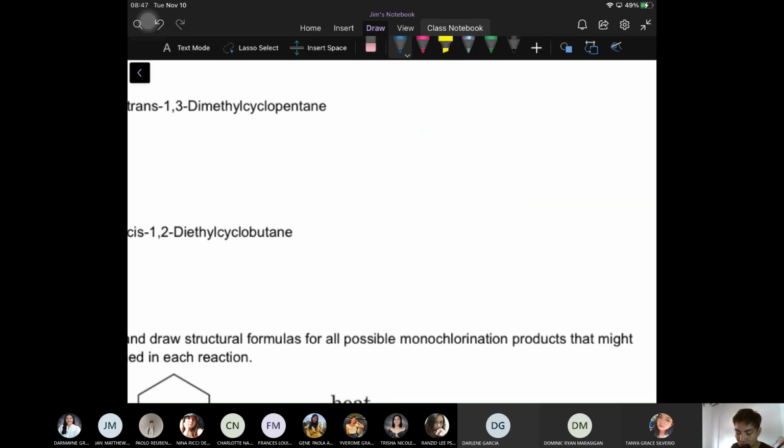That will be a pentagon. Then, on the first and the third carbon, you have your methyl. However, it says trans. So, one must be pointing upwards, the other downwards. This one on top I make upwards, and the one below I make downwards. They can also be reversed, it doesn't matter. As long as they are in opposite directions.